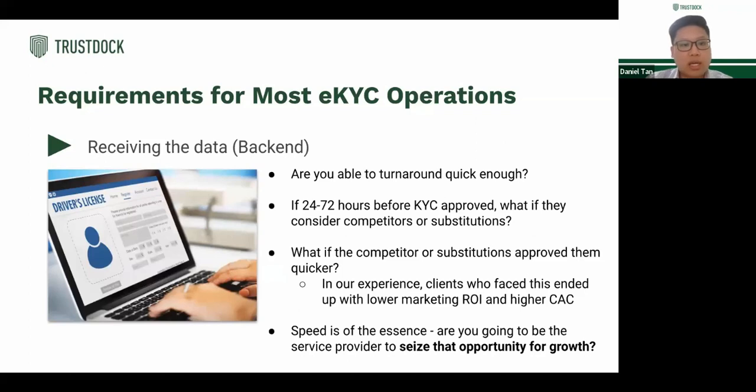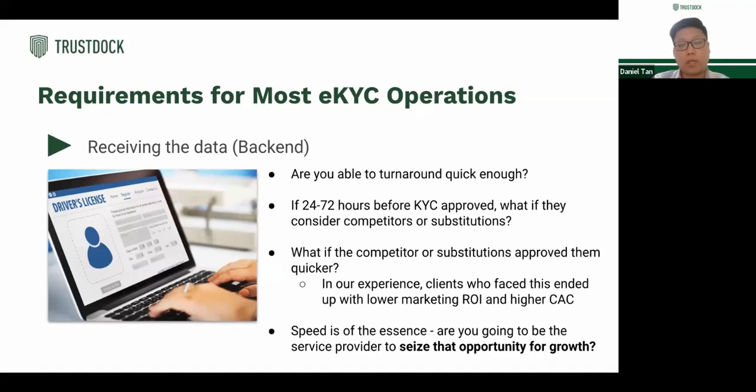So moving to the last part, which is receiving the back end. Now the customer has already submitted all the information back to you. Now the responsibility falls on you. Are you able to turn around quick enough the whole KYC application back to the customer before they start considering alternatives or substitutions?